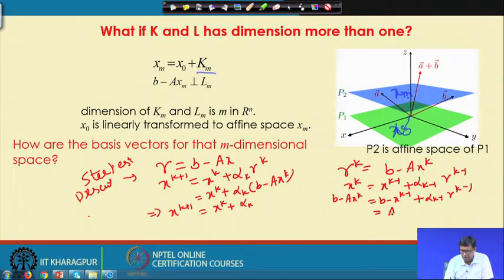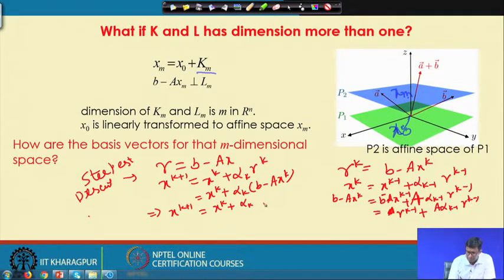Again, b minus A x_{k-1} is r_{k-1}, plus A alpha_{k-1} r_{k-1}.